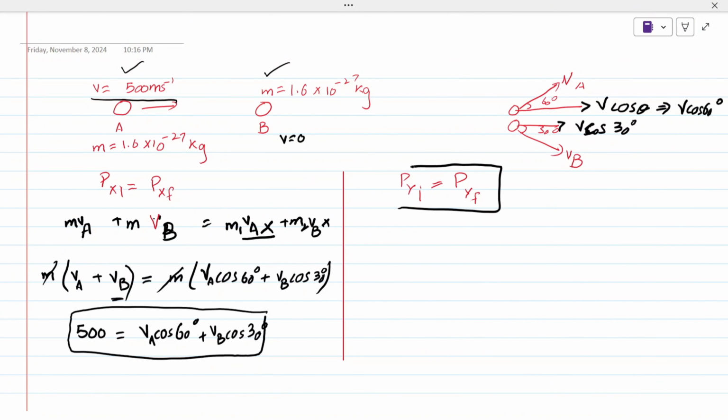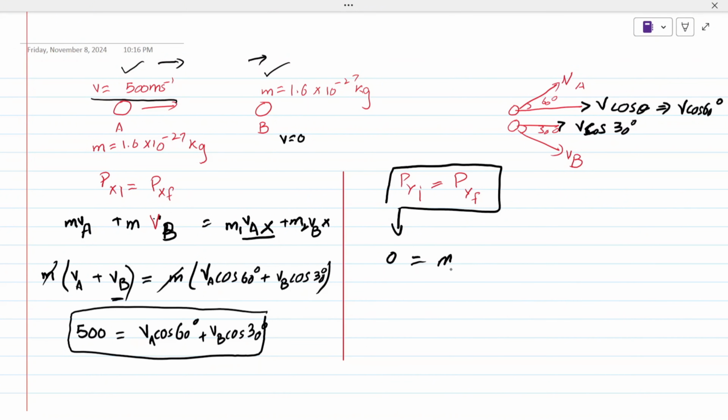What is the momentum on the y-axis? Initially this collision was on the x-axis, so the momentum in y was 0. So Py would be 0 initially, because these are moving on the x-axis. What would be the final momentum?